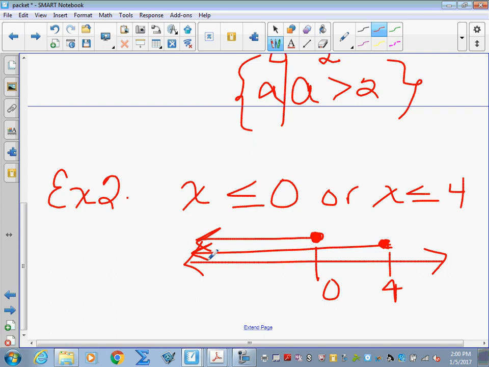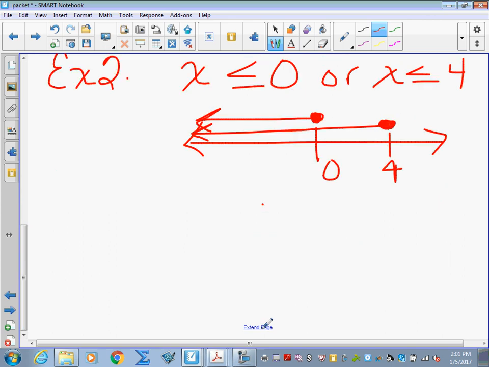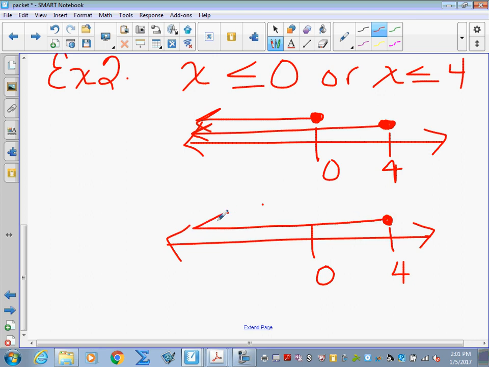That can't be my answer. Since they're going in the same direction, I only want to choose one of them. So which one do you think is correct? Because there's only one correct answer. The 4. So this is the answer, which means you would write it as x is less than or equal to 4. If they're going in the same direction, only give me one answer.